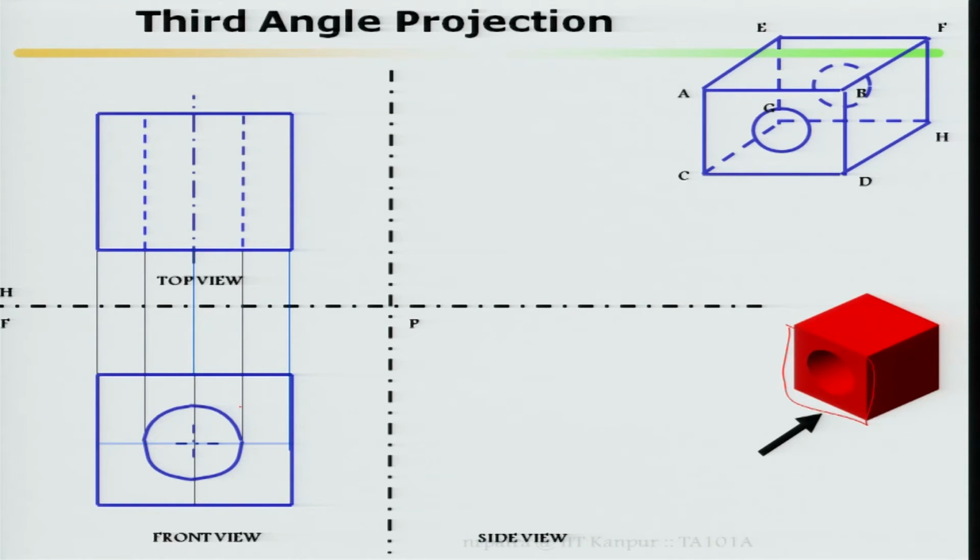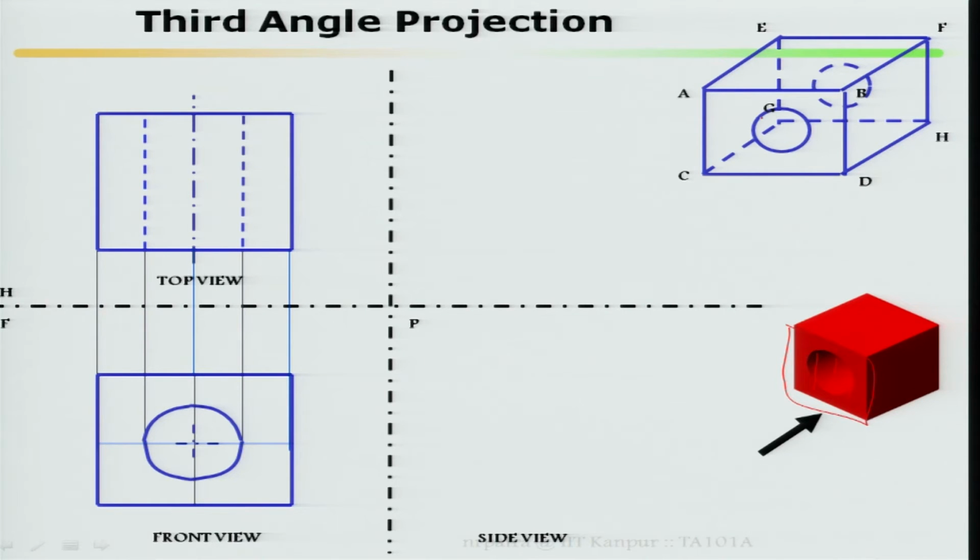Then in the top view, what are you supposed to do? These are your hidden lines. If there is a hole throughout, and I am looking from the top surface, this part is not going to be visible. This will be a hidden line, and it comes because this point is merging with this point, this point, this point.